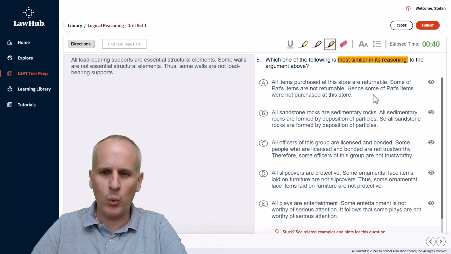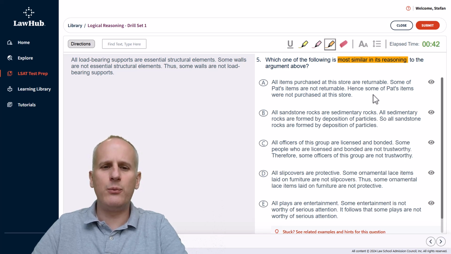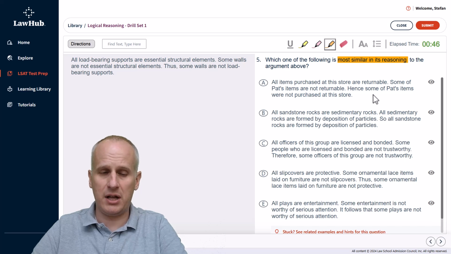Now, when that happens, if we look at the paragraph, we're still going to treat this like every other argument type question. We're going to have to identify the conclusion first, and we're going to highlight it to make sure that we don't lose sight of that conclusion. But as we start reading with all load-bearing supports are essential structural elements, you might recognize that this could lend itself to conditional logic.